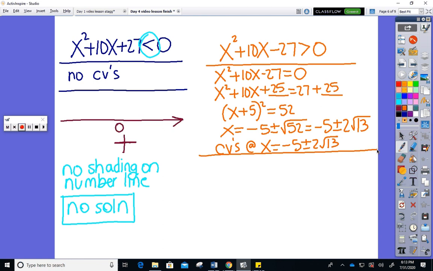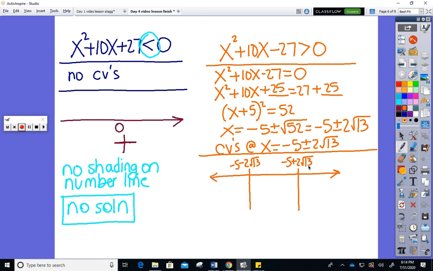Ugh. Well, you still just do a sign chart. It's just going to be a messy sign chart. You're going to make a number line still, and you're going to have two critical values, so two dividing bars. Negative 5 minus 2 square root 13 has to be lower than negative 5 plus 2 square root 13.